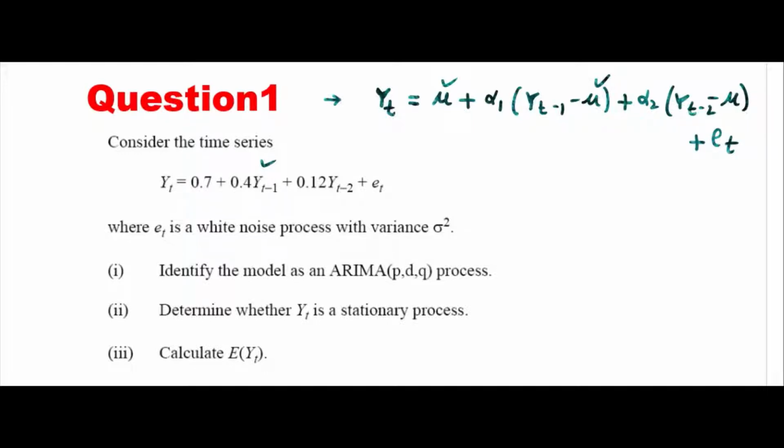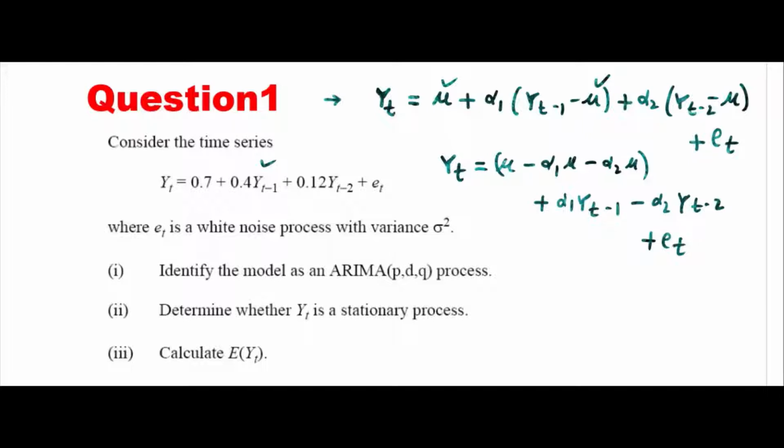If you collect all the constant terms involving mu, you will get minus alpha 1 mu minus alpha 2 mu. If you write it this way, I can write alpha 1 Yt minus 1, alpha 2 Yt minus 2, and plus et. So these two constant terms I have taken here should be equal to 0.7.